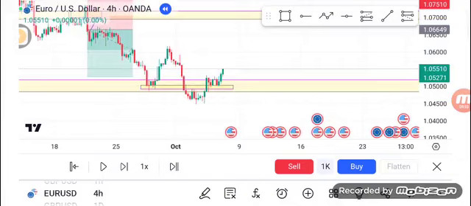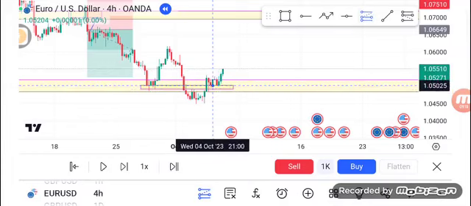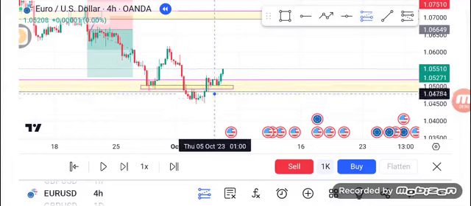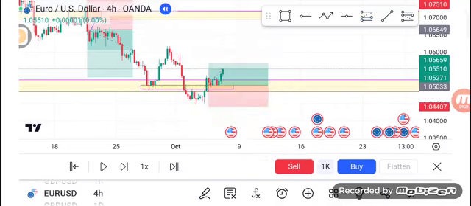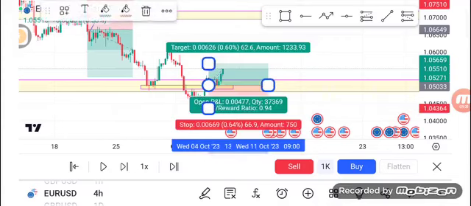So when the market comes back to this area here, immediately I see this kind of bullish candle breaking my termination zone to the upside, I will set my buy limit immediately, and my stop loss will be below the next swing.